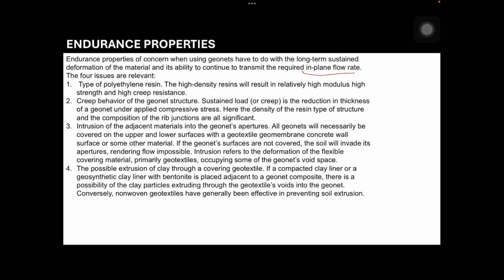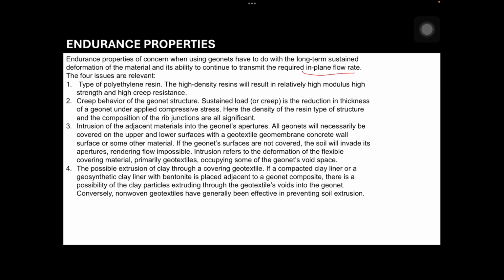Number 1, how do we get the endurance properties of geonets? Through the type of polyethylene resin, the type of plastic used. The high density resins will result in relatively high modulus, high strength, and high creep resistance. So, the type of plastic.